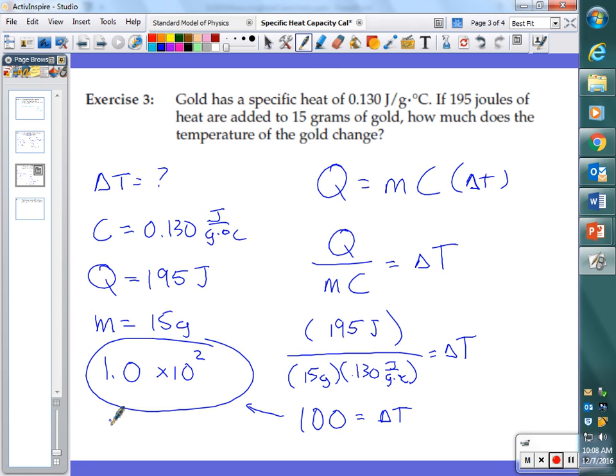This is still 100 because we would have to move that 2 places. So yeah, sorry, this part is the coefficient of scientific notation, not the times 10 part. That's just the multiplier. Last thing, what kind of unit do you have on this? Degrees Celsius. Good there?